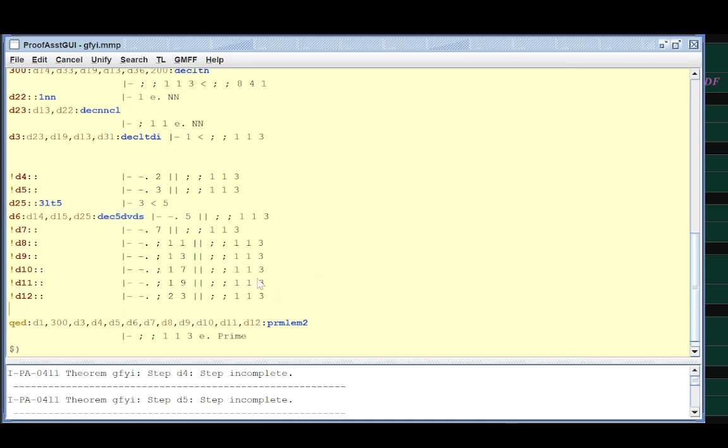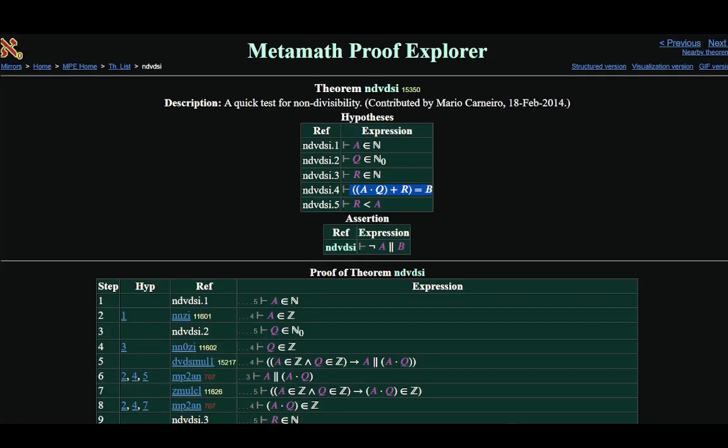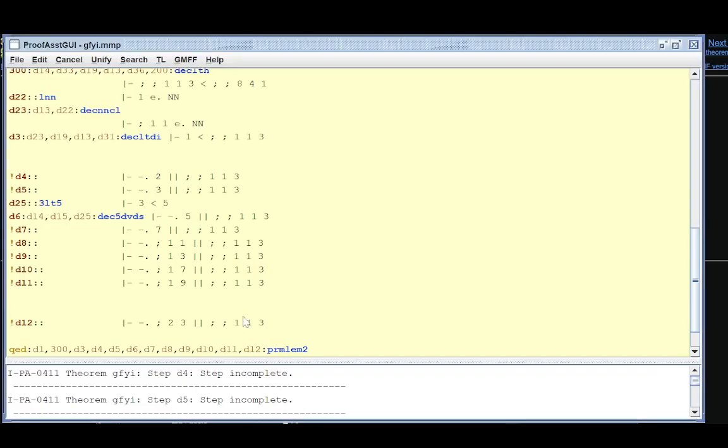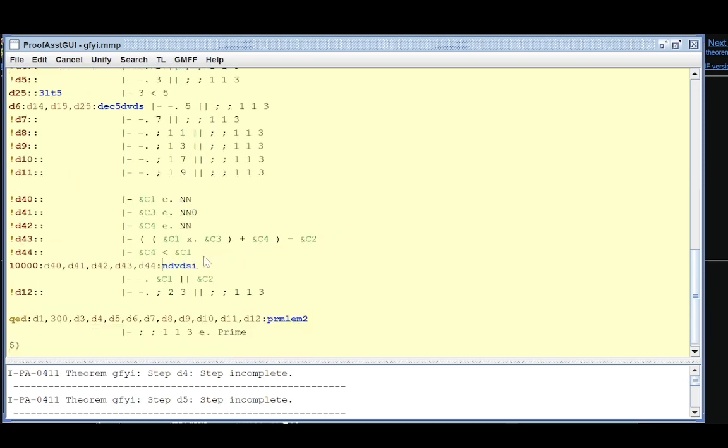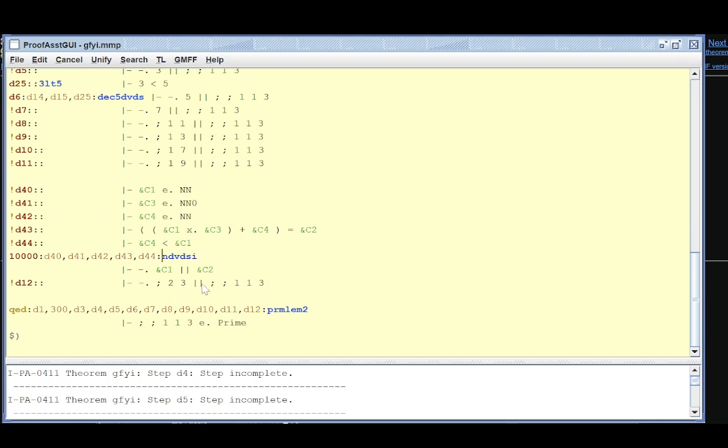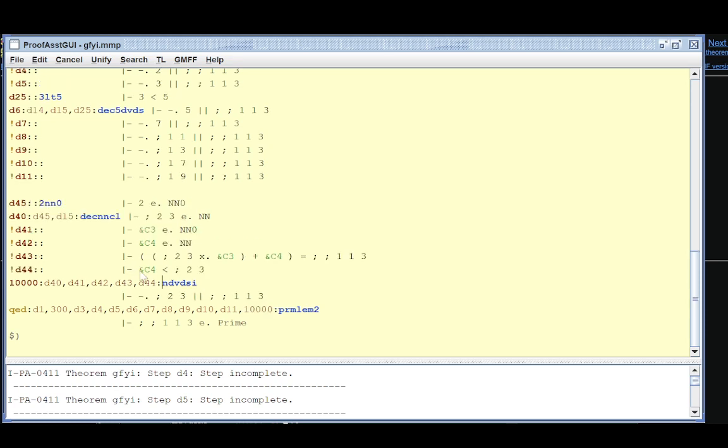Okay, so let's start from the bottom with some of this. This is what I want to prove. And the question is, how many times is 23? What's the closest divisor, right?